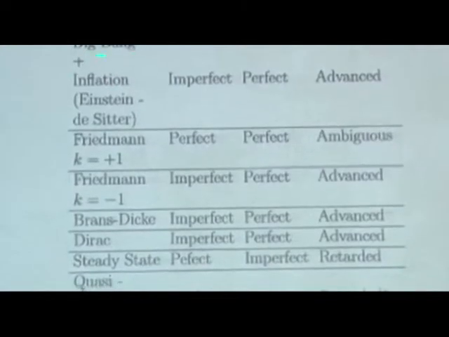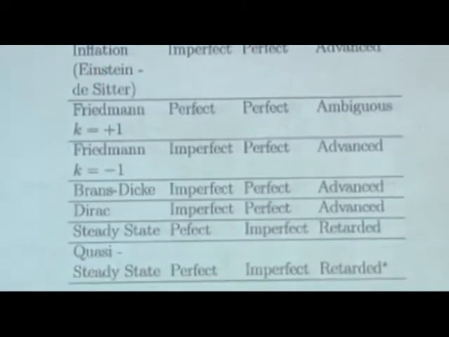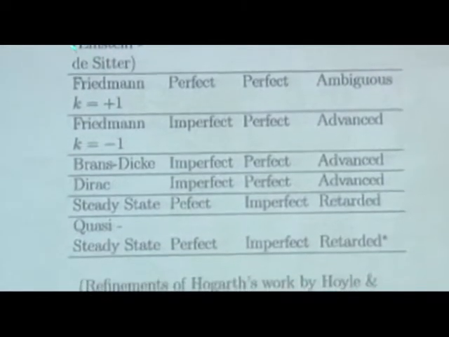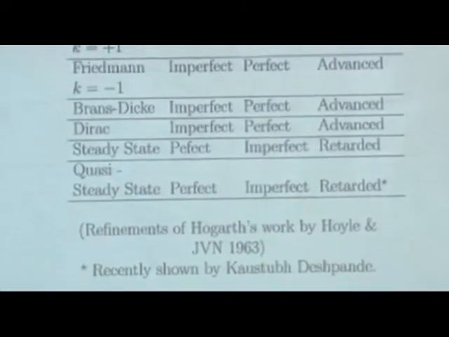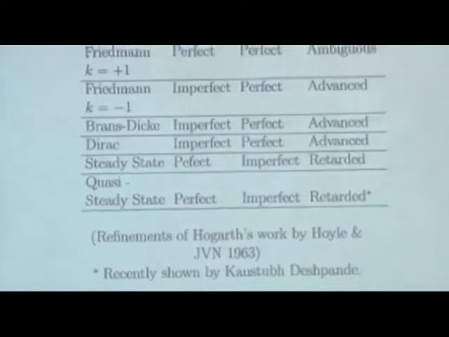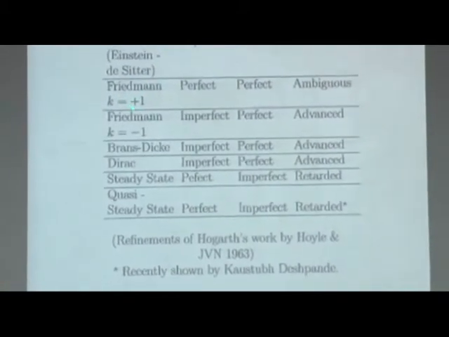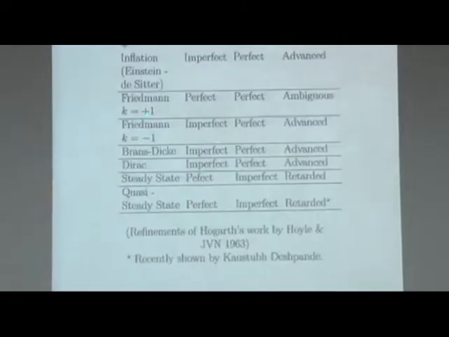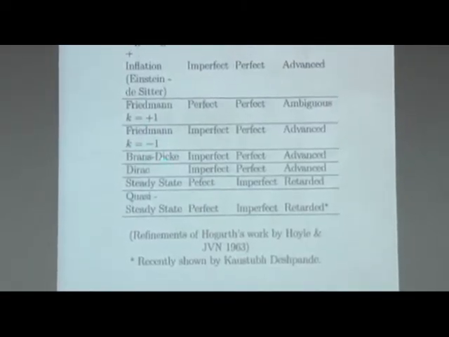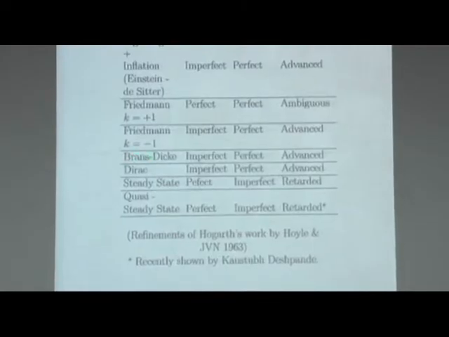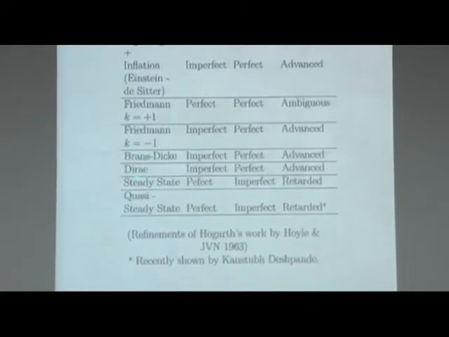So here, Big Bang plus inflation, the inflation was not known, but the implication is you have omega equal to 1, that is the cosmology. Friedmann plus 1 curvature, Friedmann minus 1 curvature, Brans-Dicke had a variable gravitational constant affecting cosmology. Dirac had the large numbers hypothesis which gave a different cosmological model.